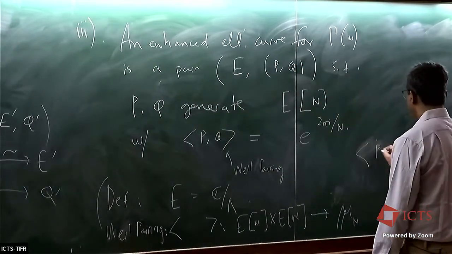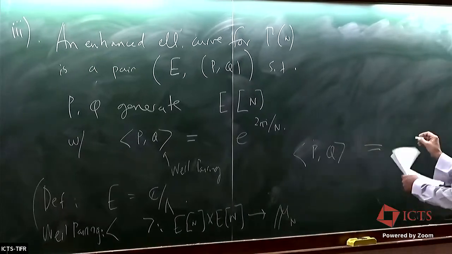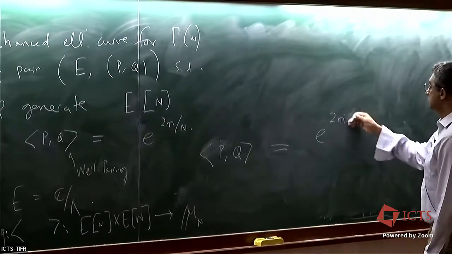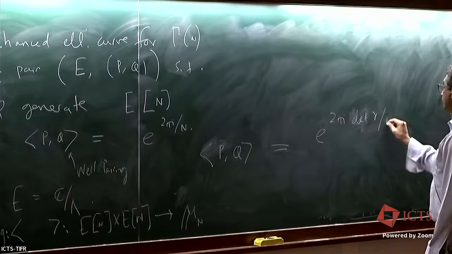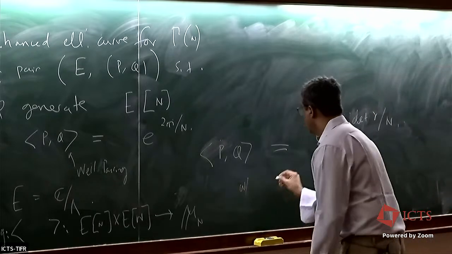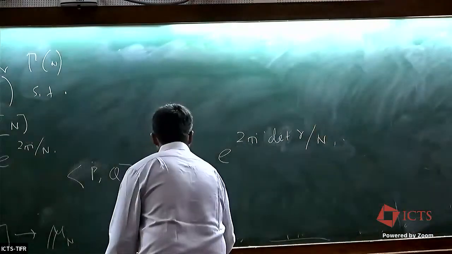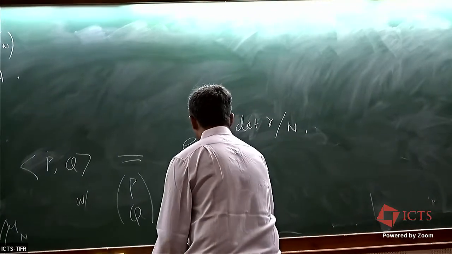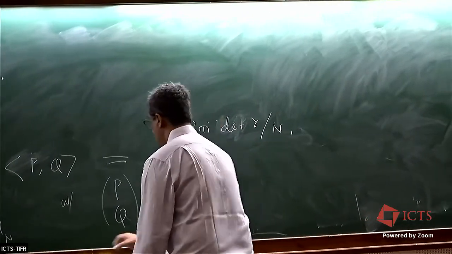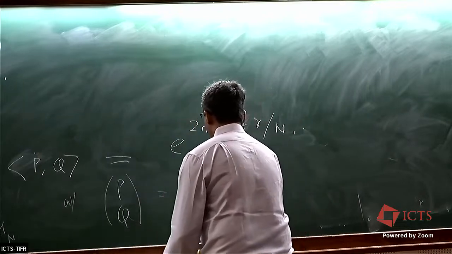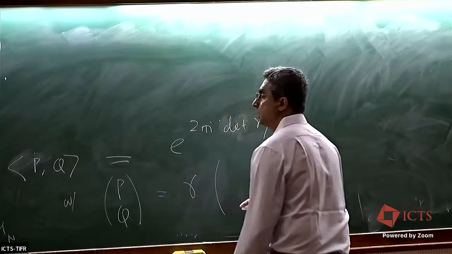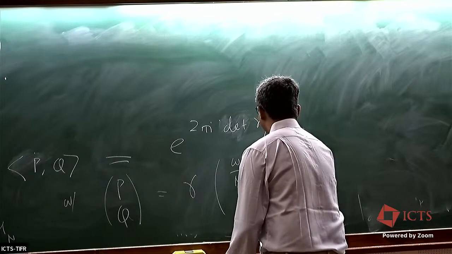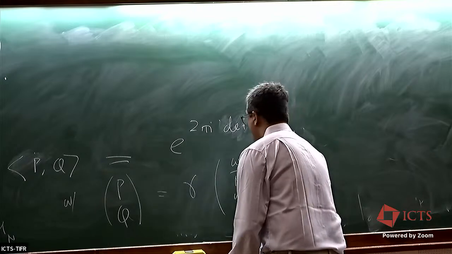If you take two points of order N, it gives a particular Nth root of unity. What do we do? Take some matrix and its determinant. If P and Q are N torsion points, you can always write them by a change of basis by an element, let me call it gamma, a 2 by 2 matrix, times more or less the canonical points. The first one you take is omega 1 over N, and the second one is omega 2 over N.